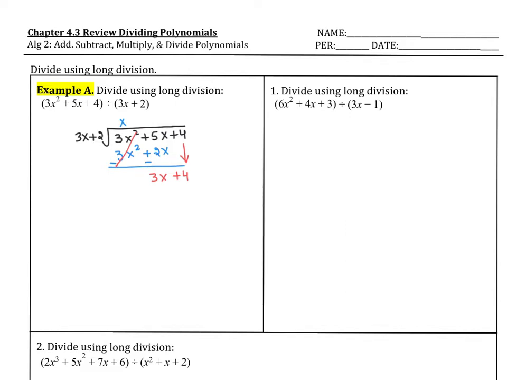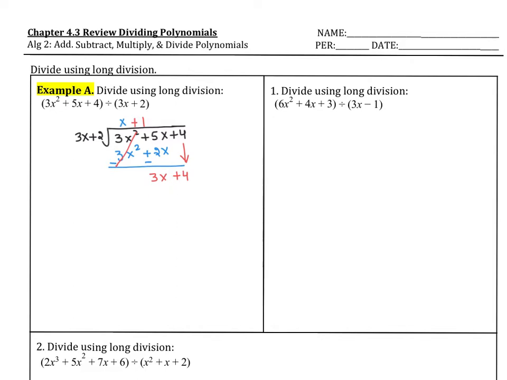Now our aim is to multiply something that gives us 3x. To get 3x, we're going to choose number 1. So multiply 1 with this polynomial and write it here.